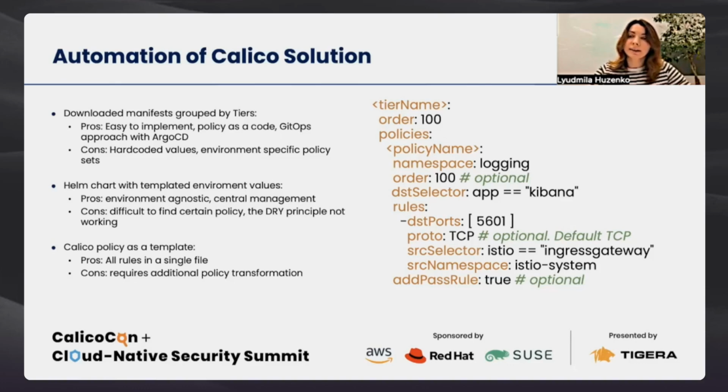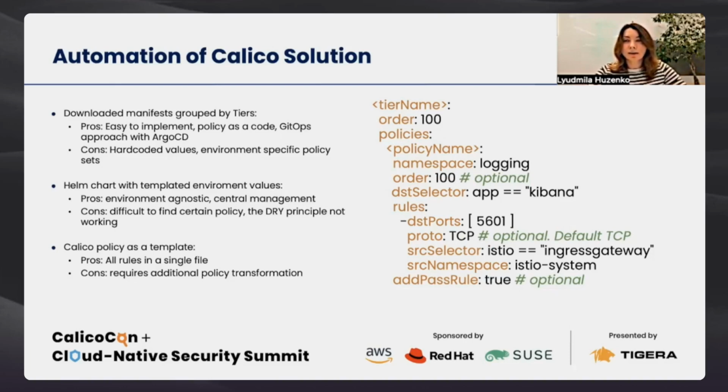So we created a set of application network policies that could be applied to all the environments, providing them the environment-specific variables. In this case, we got a solution that could be scaled to all our environments, with central management of network sets and environment-specific variables. And it was environment agnostic and could be applied both to our single environment and to multi-environments.